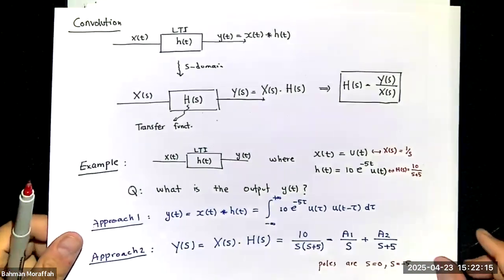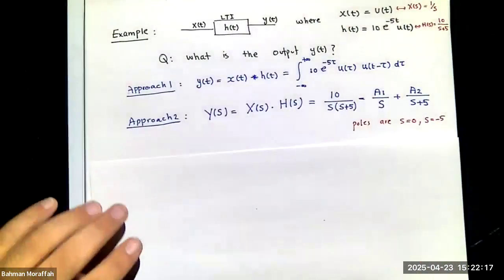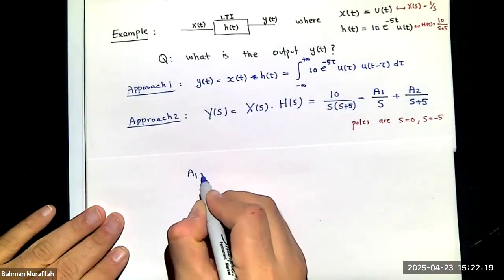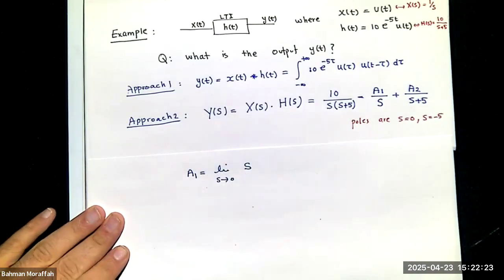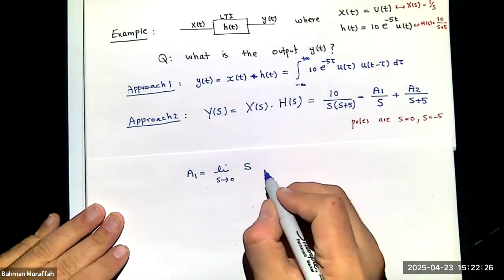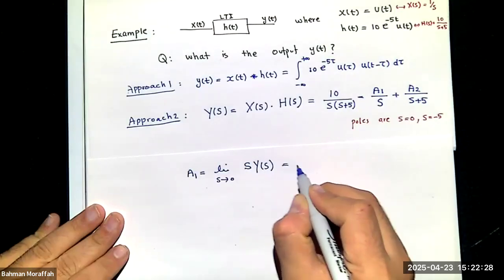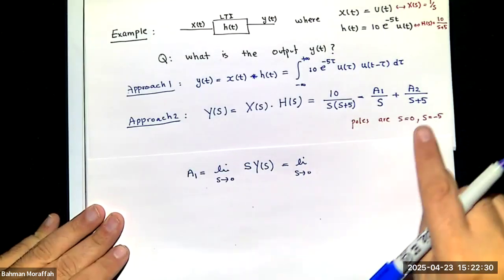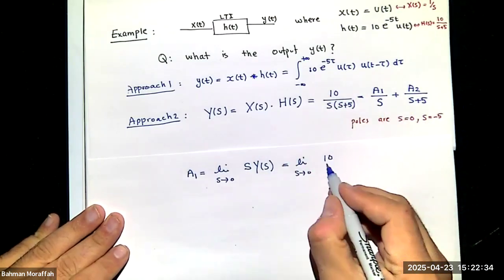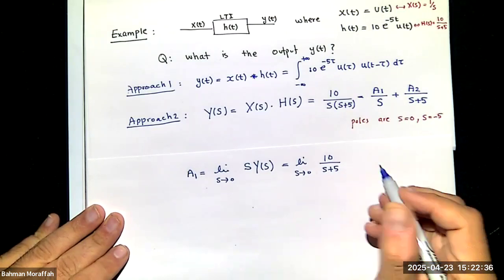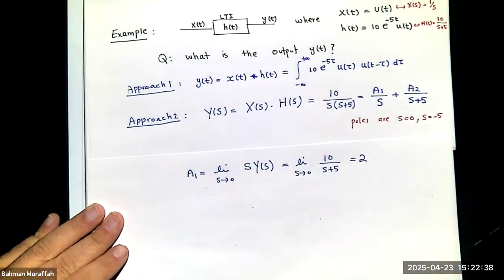Right? So this is case 1. So I can compute a1 to be the limit when s goes to 0 of s minus the pole, which is 0, times y of s, which is the limit as s goes to 0. This s cancels this s, so I have 10 divided by s plus 5. So it is 2.